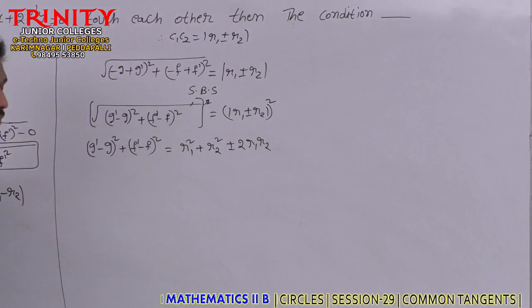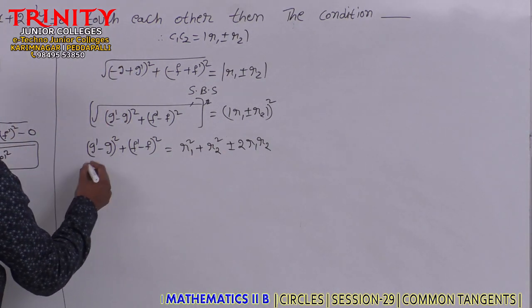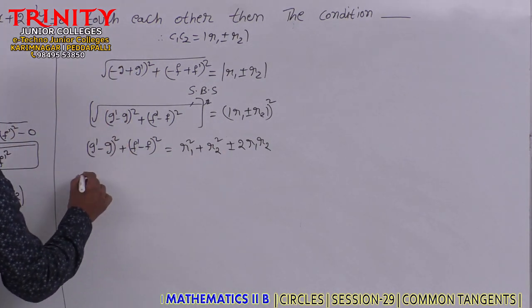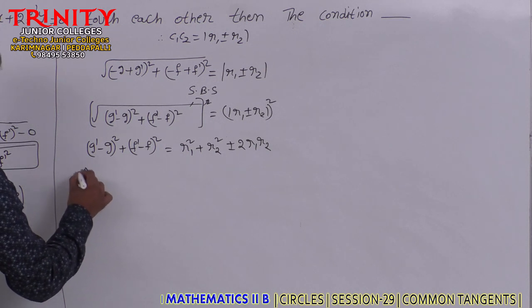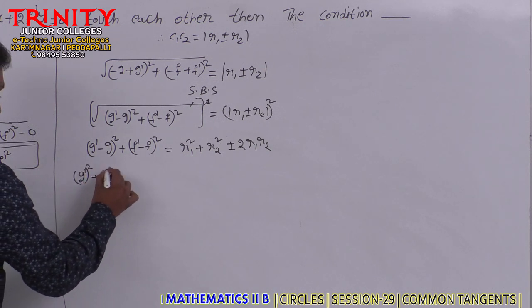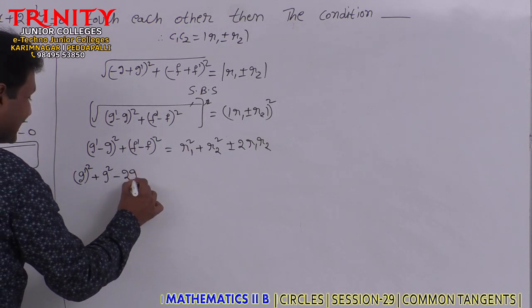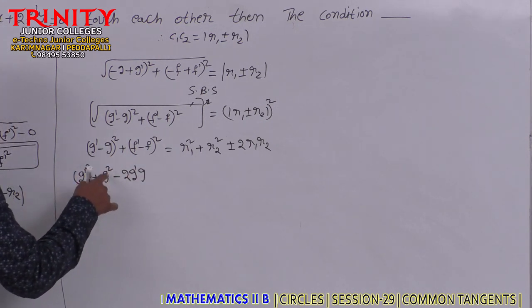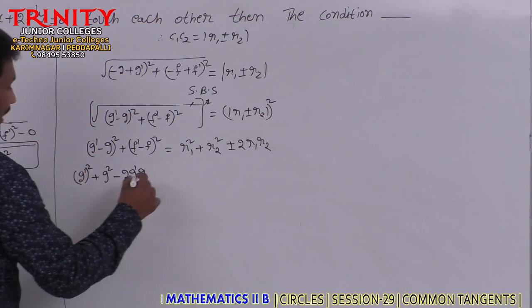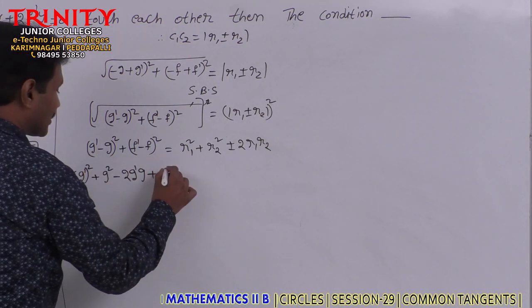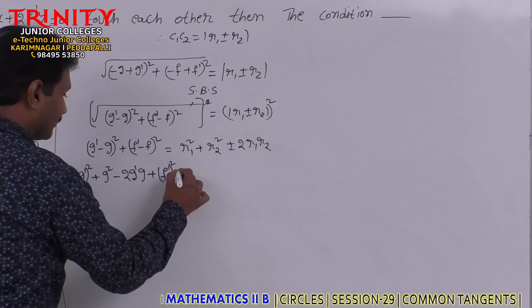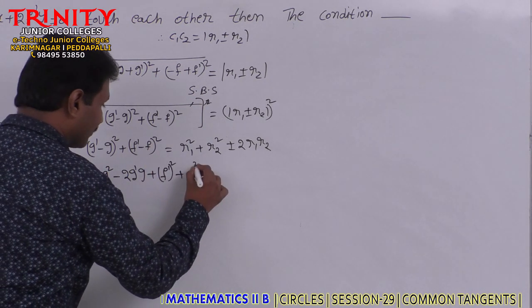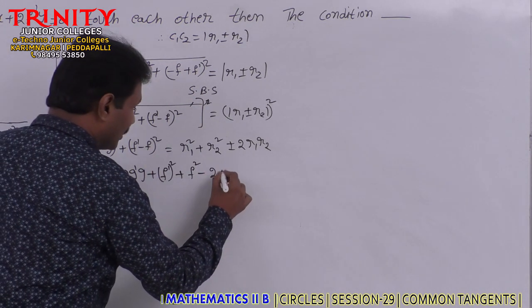Here (g dash minus g) whole square is g dash square plus g square minus 2g dash g.